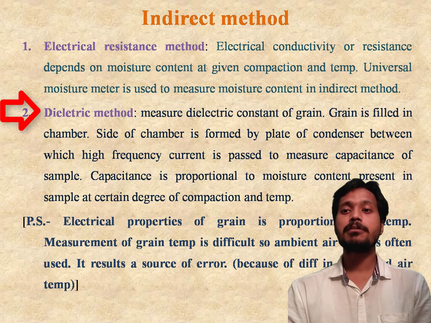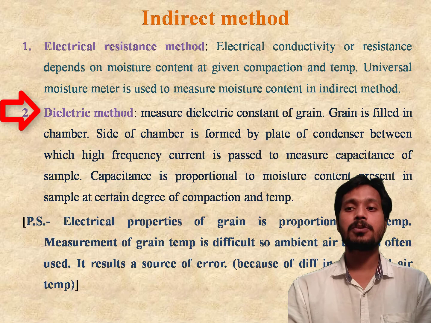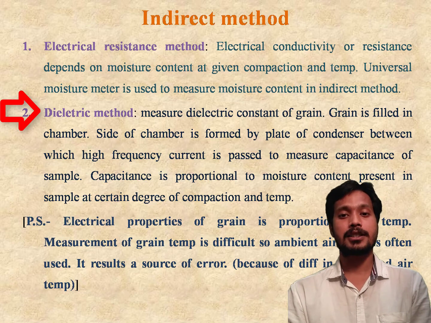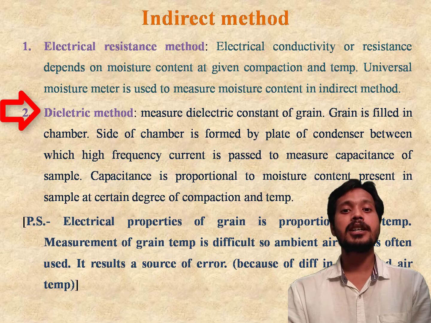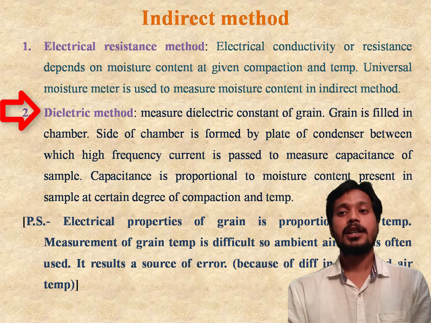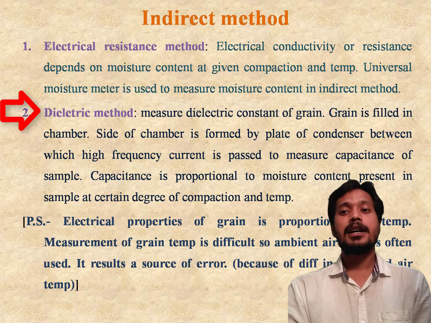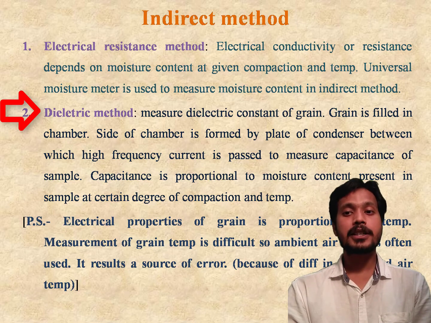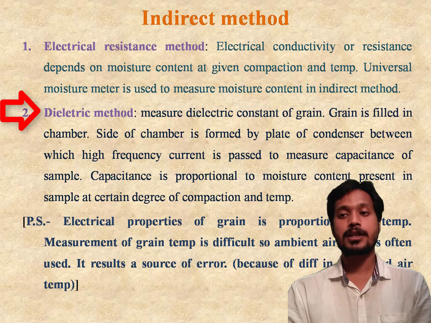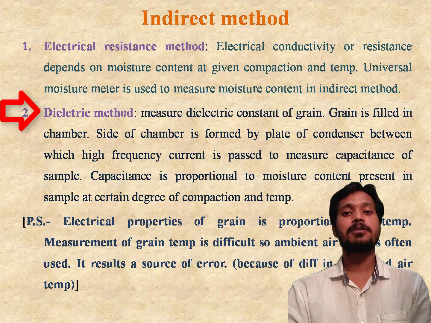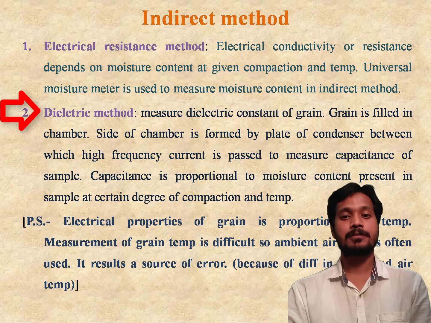The sides of the chamber are formed by plates of a condenser between which high frequency current is passed. So this is the energy we are giving to the product. It is passed to measure the capacitance of the sample, and this capacitance, the property, is proportional to the moisture content present in the sample at a certain degree of compaction and temperature.